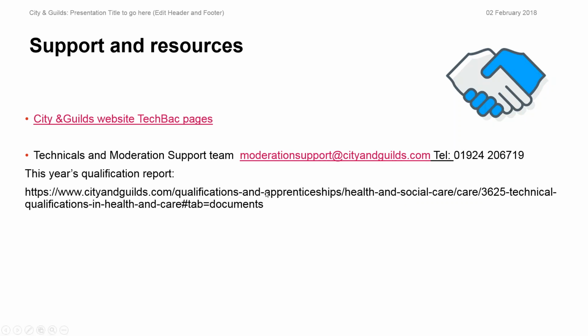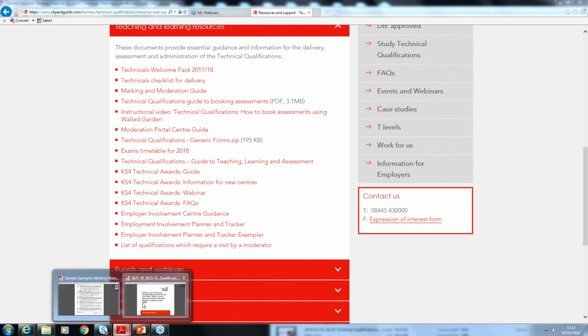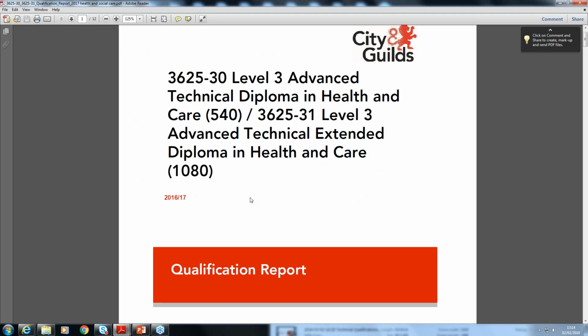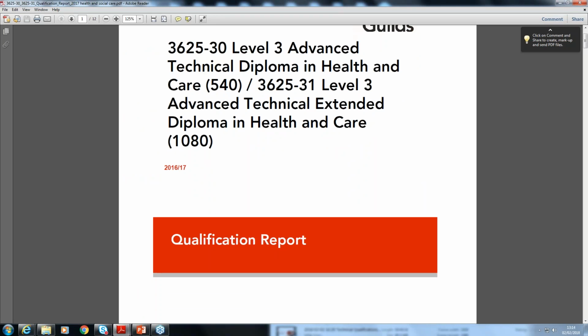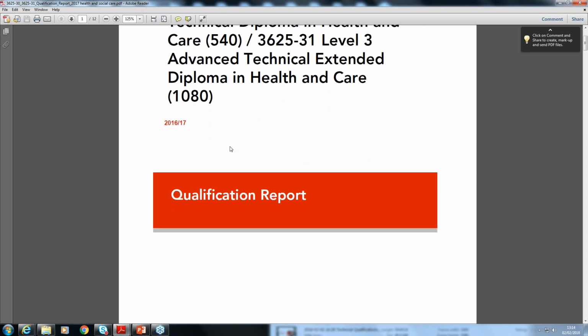Okay, the other thing we should mention is that there is a qualification report available. This is an overview of basically how the qualification performed overall. It's something that we would urge all centres to read, especially because it deals with a holistic view of the qualification performance.